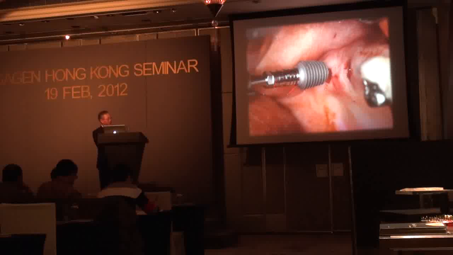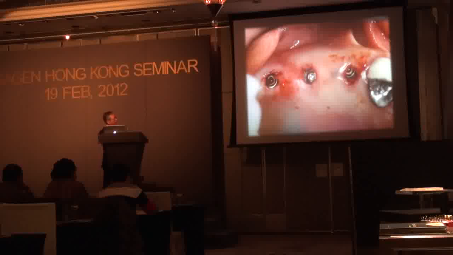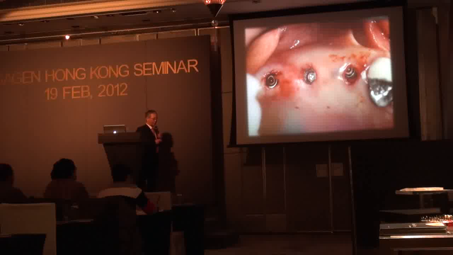As you saw in the previous case, I can easily place a 5 millimeter wide diameter implant through this small hole. And through the gingival hole, you can see the same table because it has the same connections. Even the 8 millimeter wide ridge implant has the same connections.